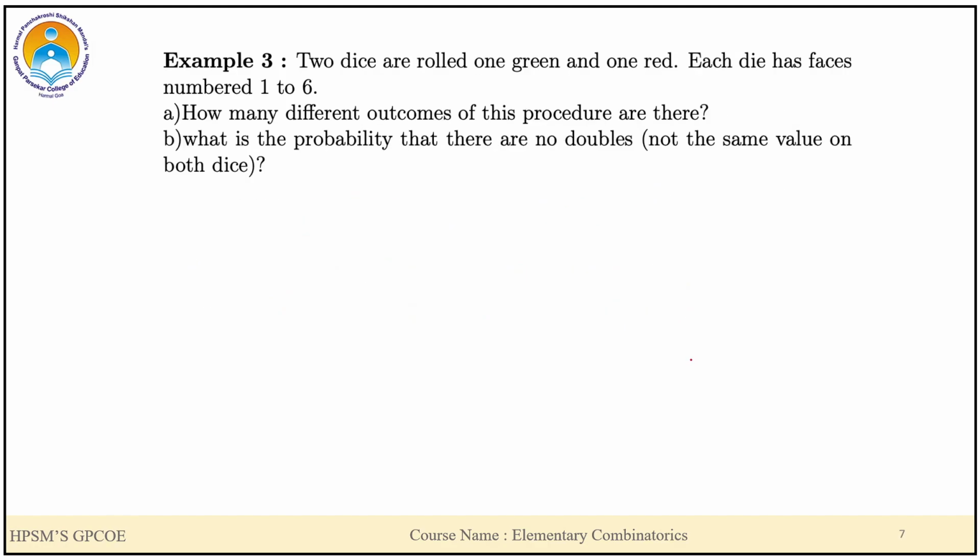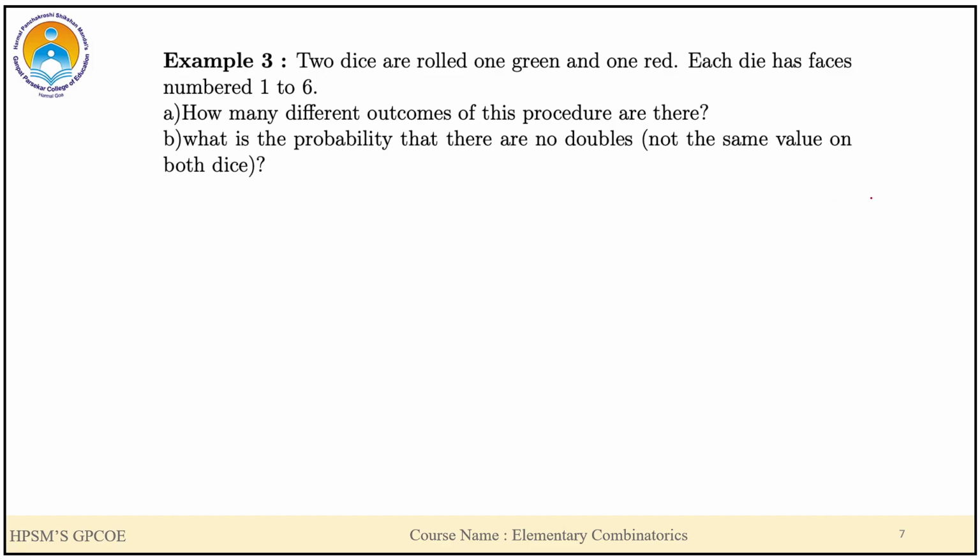The example says here, two dice are rolled, one green and one red. Each die has 6 faces numbered 1 to 6. How many different outcomes of this procedure are there? And the second one, what is the probability that there are no doubles?